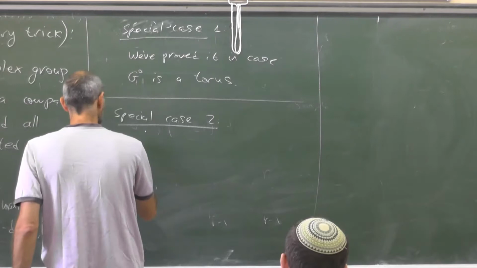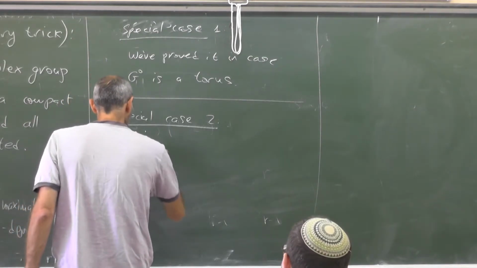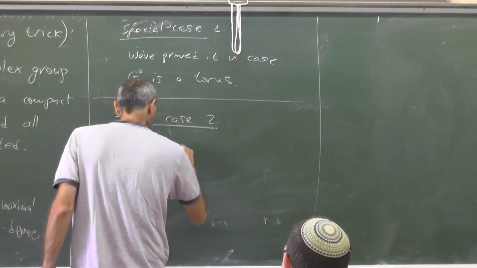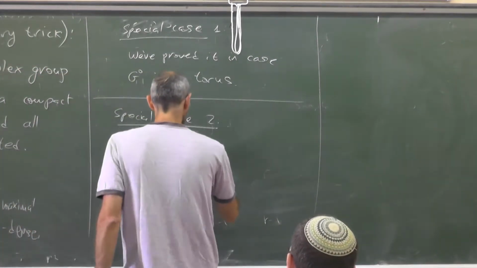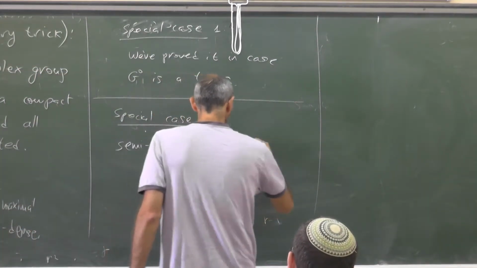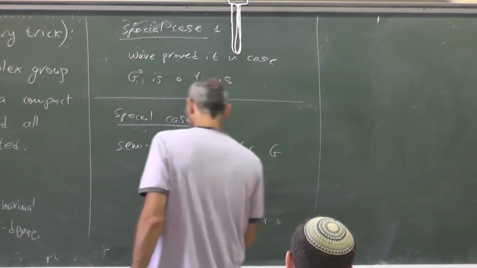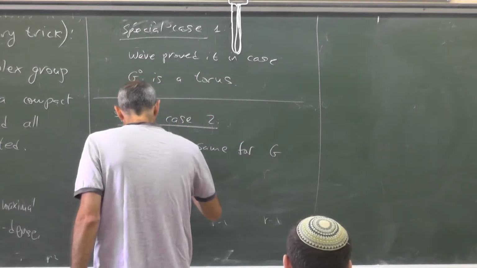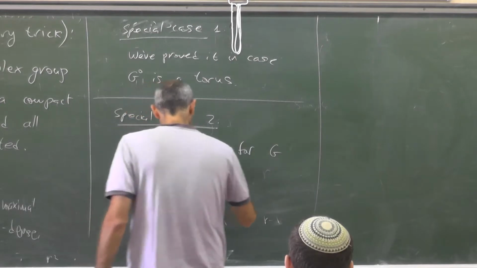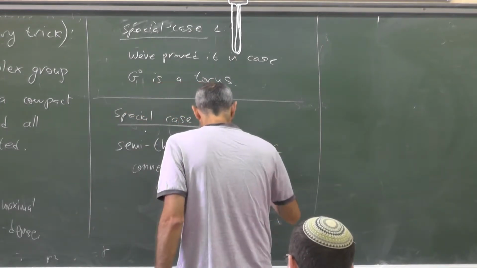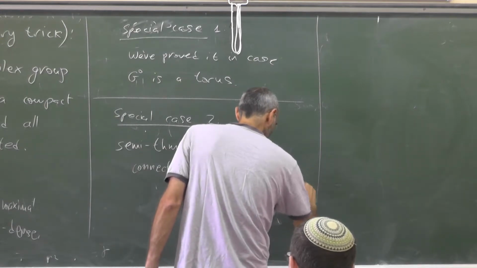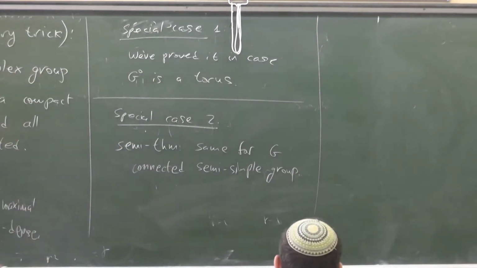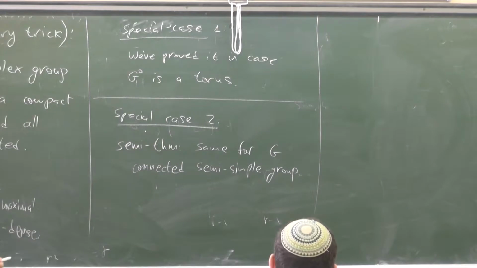Now special case 2. This is maybe, let me call it symmetry. Same for a G connected semi-simple. This we haven't proved. This we need to prove.